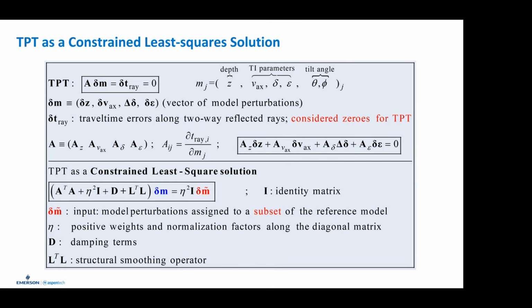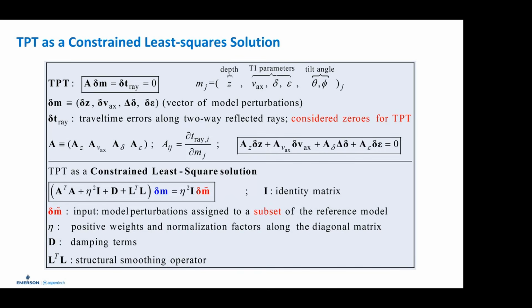If we look at this slide, on the top, we define the TPT as a constrained least squares solution, where delta M is the model perturbations, the model errors, and how the model errors are related to the travel time errors along the waves or the rays.